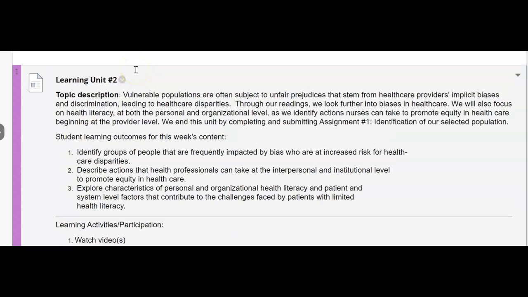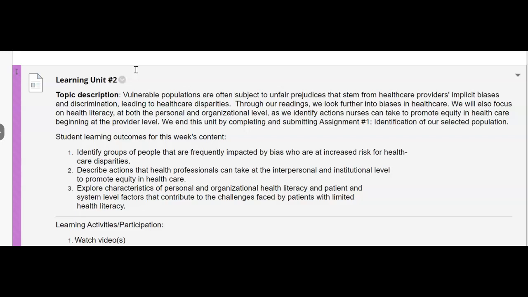In this learning unit, we're going to look at how our vulnerable populations, also called marginalized groups, are often subject to unfair prejudices that stem from our own, which is healthcare providers', implicit biases and discrimination, and how these biases lead to healthcare disparities.